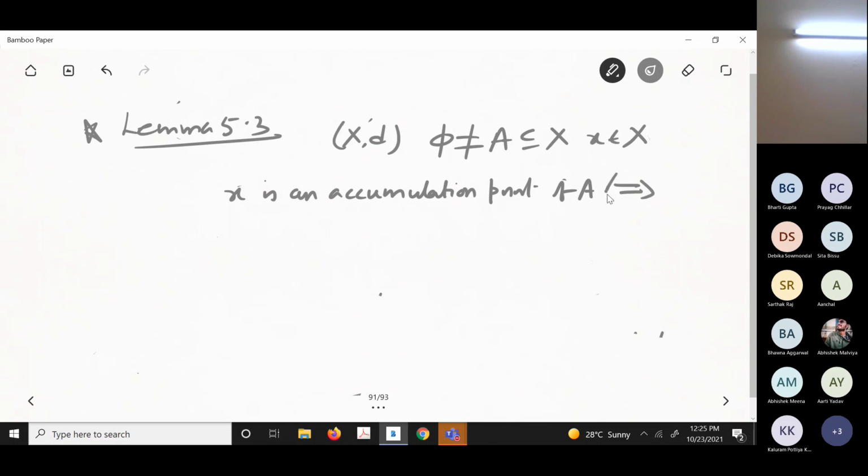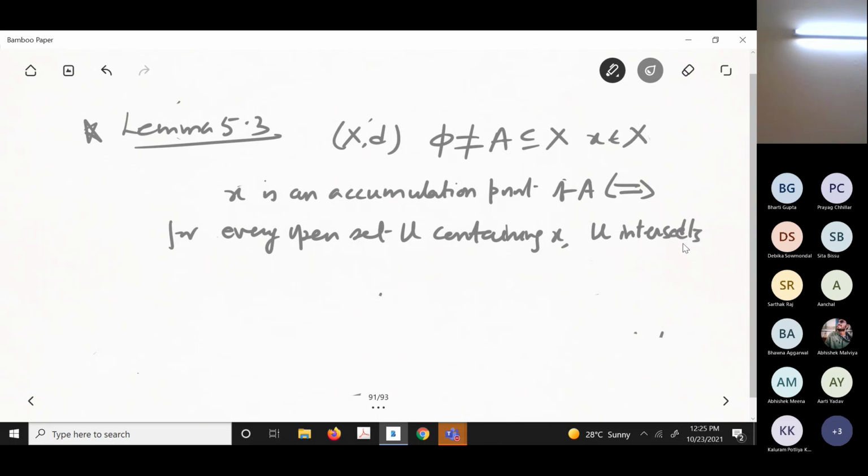if and only if every open set, and only for every open set U containing x, U intersects A in infinitely many points.